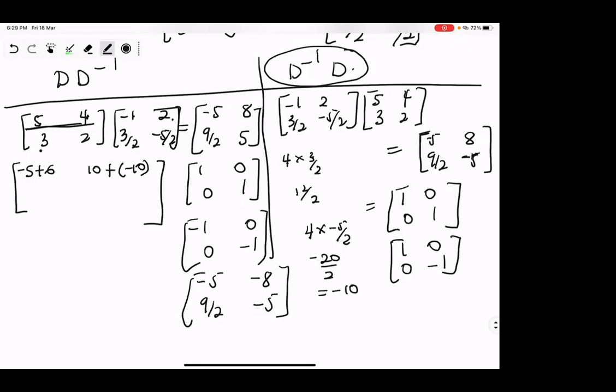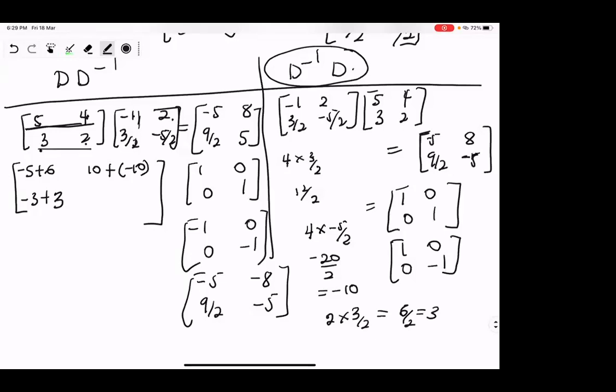So 3 on the first column, we'll have 3 going to -1, so 3 times -1, that is -3, plus 2 times 3 over 2. That gives us 6 over 2, and that is 3.